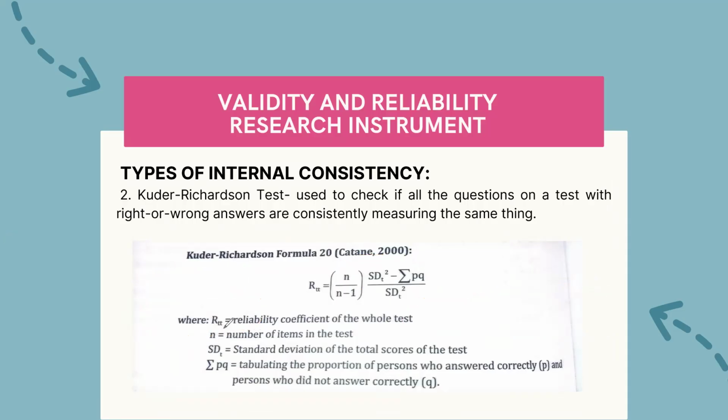This is the formula where r sub tt is the reliability coefficient of the whole test, N is the number of items in the test, and SD sub T is the standard deviation of the total scores. Summation of PQ is tabulating the proportion of persons who answered correctly and the persons who did not answer correctly.